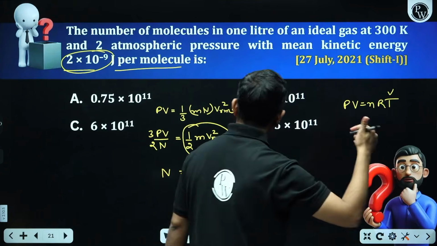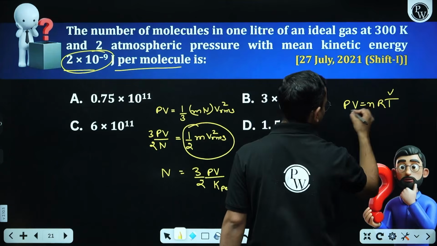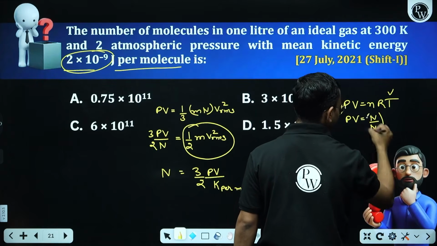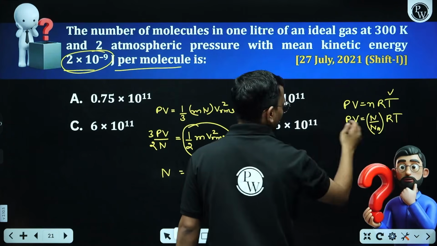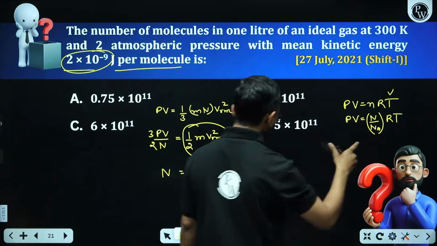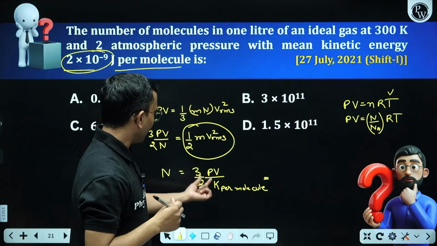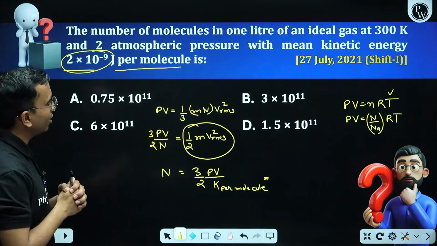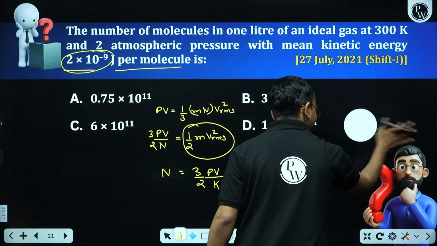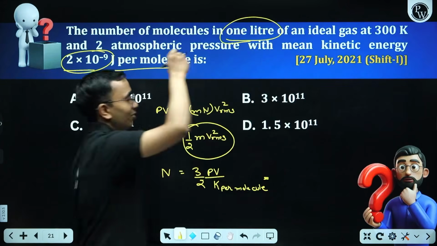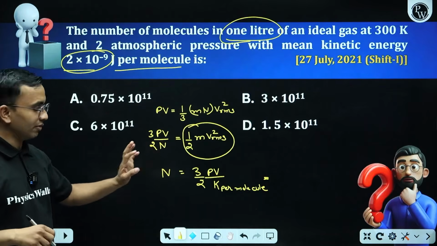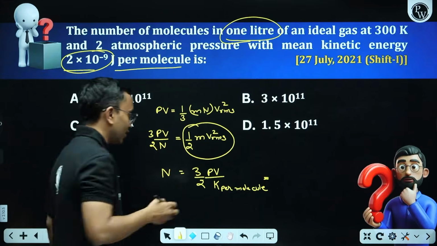Anyways, let us write it as PV is equal to the number of molecules divided by the Avogadro number into R into T. If I write N by Na, N will get cancelled. Oh, the number of molecules in 1 liter. Sorry, I made a mistake. Volume is given. I missed that. So volume is given, pressure is given, temperature is also given actually. But anyways, if they are giving it, let us use that.